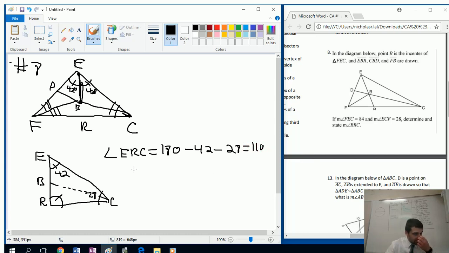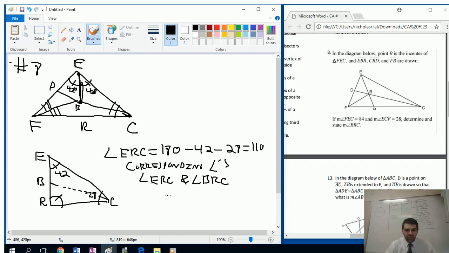We're going to have corresponding angles for ERC and BRC. So the angle of BRC is going to be equal to 110 degrees.